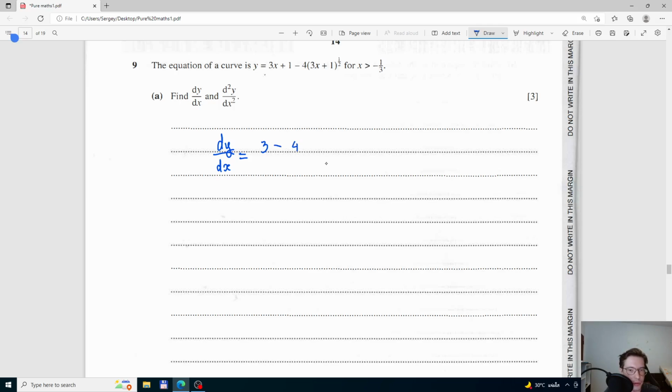Now, derivative of the bracket, multiplied by the power, the bracket, subtract 1 from the power, so it's minus 1 over 2, and I multiply by the derivative of the inside function, which is 3.